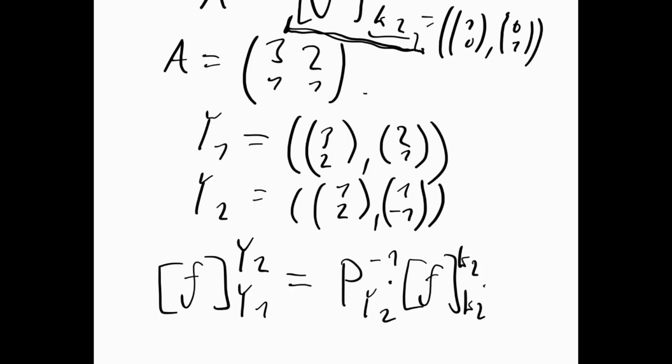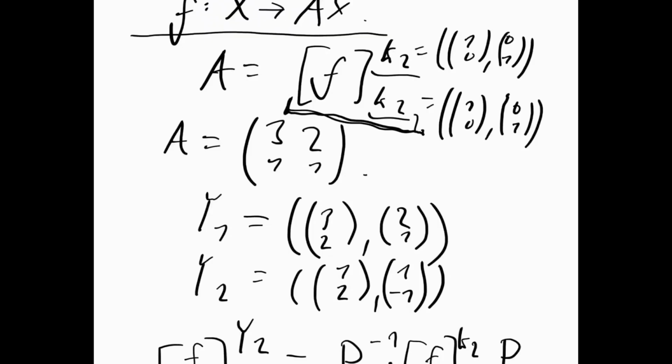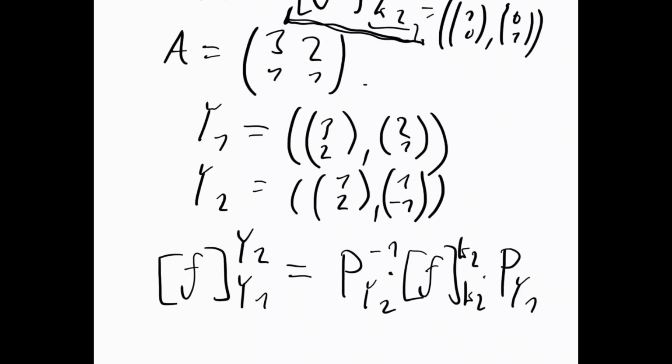And then multiply, so this is a multiplication of three matrices, on the right side by a change of basis matrix, but here it's a change of basis matrix with respect to the first basis, Y1. So we had a default basis in which both the input and output were for the initial A, F K2, K2. And if we want to have F Y1, Y2, we would use this formula.